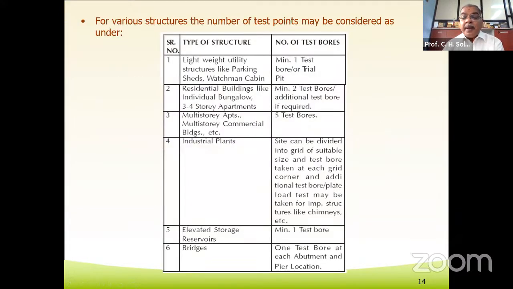In the case of industrial plants, the site can be divided into a grid of suitable size and a test bore taken at each grid corner. An additional test bore or plate load test may be taken for important structures like chimneys. As far as elevated storage reservoirs are concerned, you must go for a minimum of 1 borehole. Whereas, for bridges, you must go for a boring at each pier and each abutment.